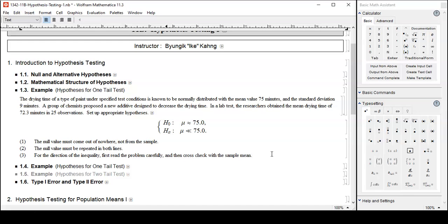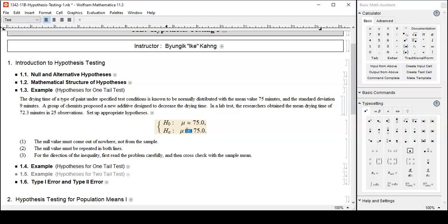Read the problem first, carefully. The problem says, the proposed new additive is designed to decrease the drying time. The problem explicitly says so. So we want to go below what it was before. We want to go down. We want to decrease it. So this should be less.